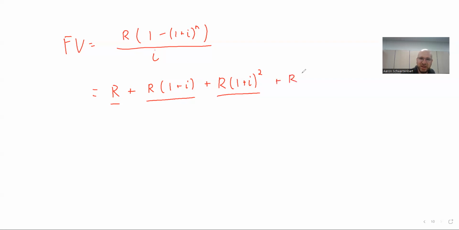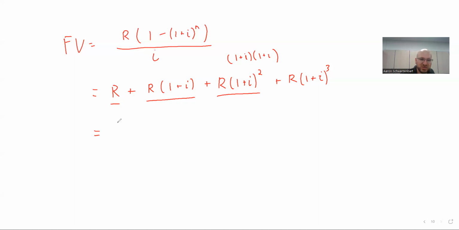So you can see that I have a geometric series here. My first term is R. I'm multiplying by 1 plus I each time. That's why I'm getting 1 plus I squared, which is 1 plus I times 1 plus I. So my common ratio is 1 plus I.